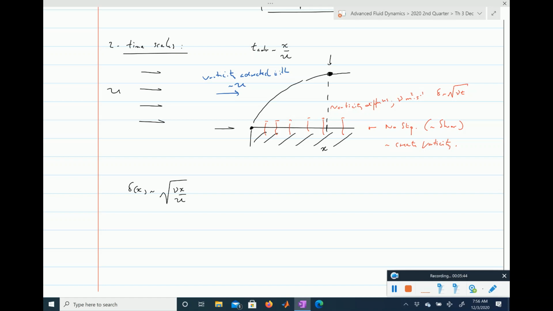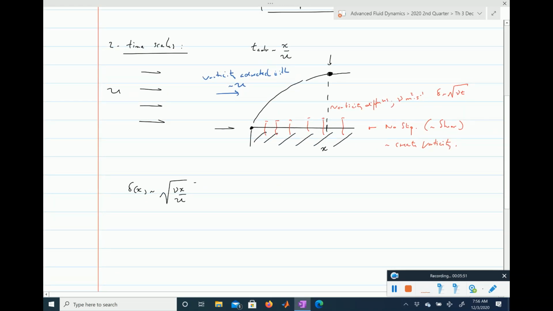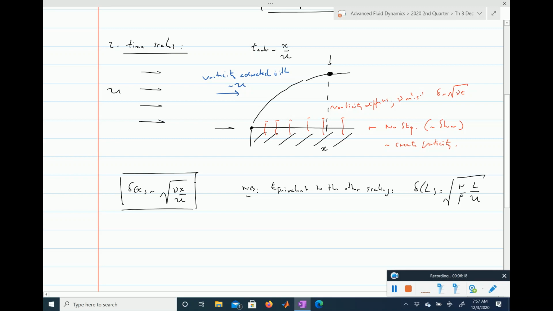If we assume that x is at the very end of our profile, so x here is L, we just have to replace x by L, and we find that delta L is equal to the square root of the kinematic viscosity, which is the dynamic viscosity divided by the density, times L divided by U. If we divide everything by L, we get again the square root of 1 divided by the Reynolds number, where the subscript L indicates that it's the Reynolds number based on the length scale L.